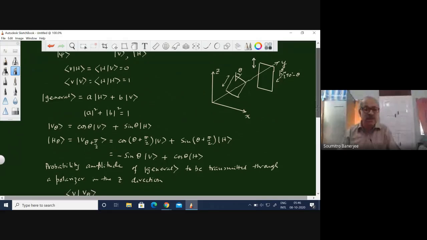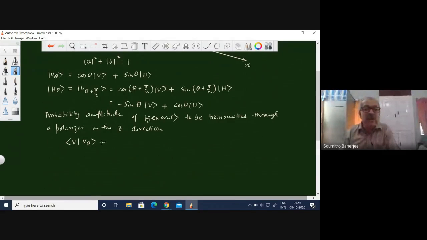We know what V theta is: cos theta V plus sin theta H. So it is cos theta times the projection of V on V, plus sin theta times the projection of V on H, and we know that this is 1 and this is 0, and therefore this is equal to cos theta.